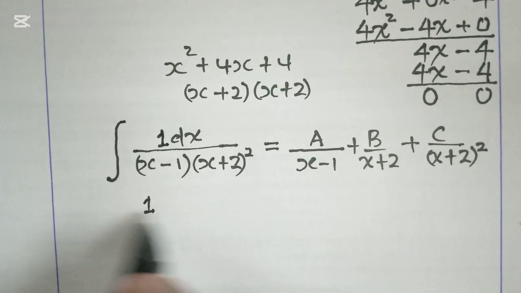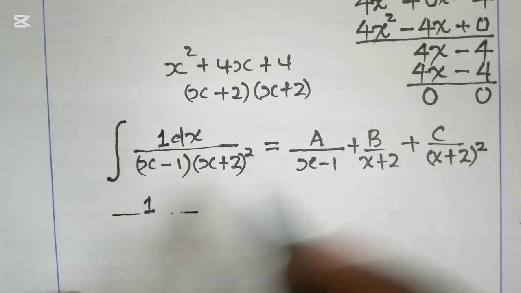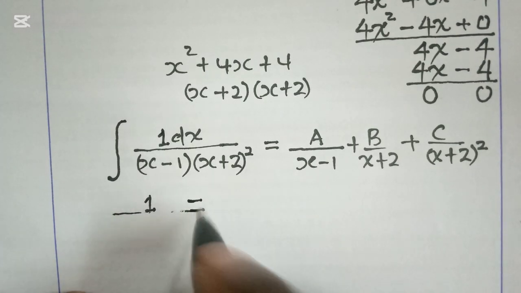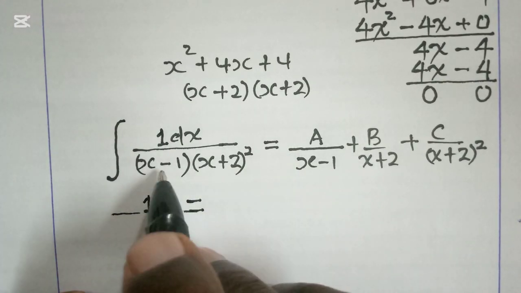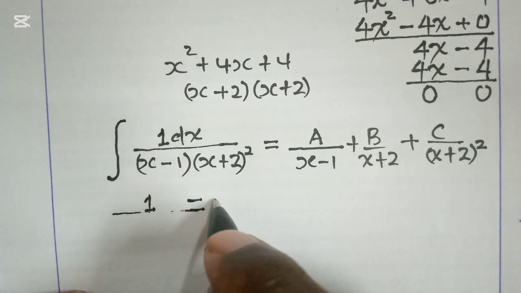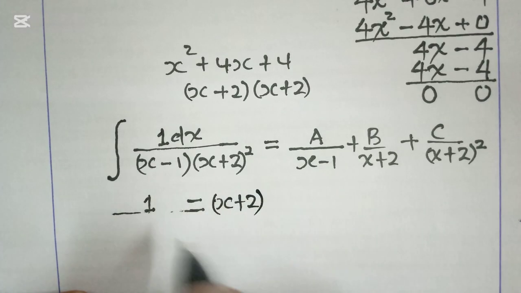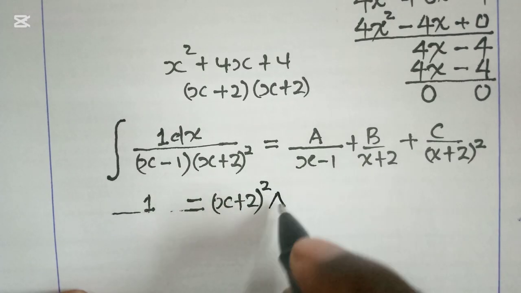So we have 1 equals to A, now x minus 1 divided by that, you will get (x + 2) squared A, like that.